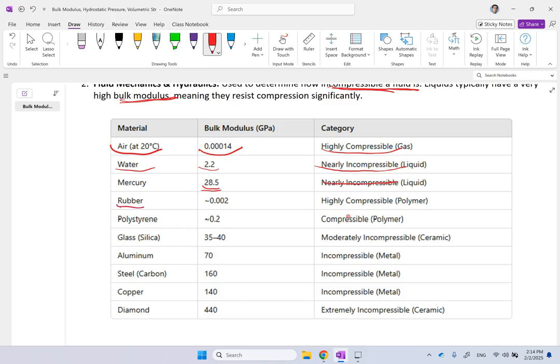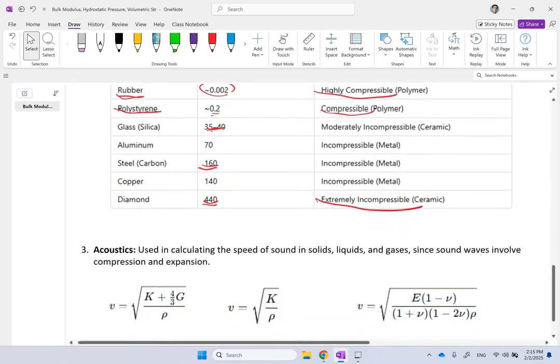But rubber is a small number, so rubber is highly compressible. Polystyrene, you see, is still compressible. It's less than 1. Glass, huge. Steel, very, very big. Diamond, the biggest one. Diamond, you can barely do anything to it, so it's extremely incompressible, very, very hard. Okay, so small K, very compressible. Large K, not compressible. That is another application of knowing what kind of material you're dealing with.